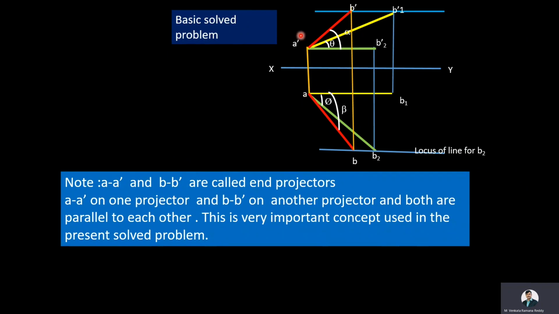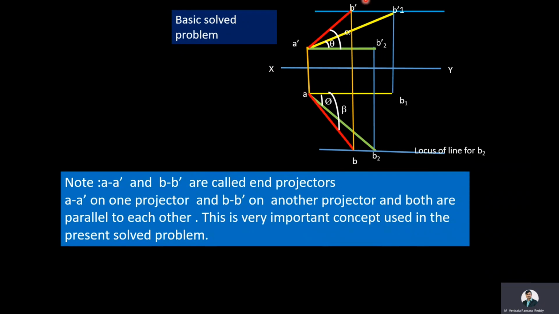Here A dash and B dash are called end projectors and they are parallel to each other. And one more point is the image of one end of the line in front view as well as top view, say A: its image in front view, A dash, and its image in top view, A, fall on the same projector.